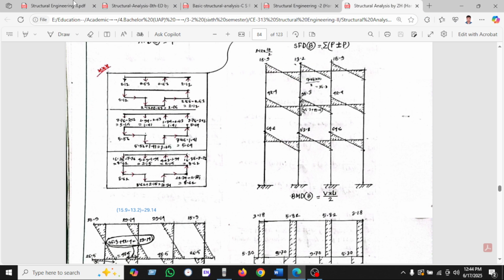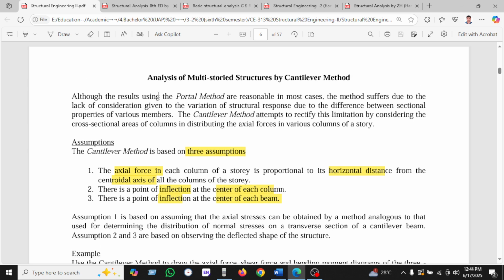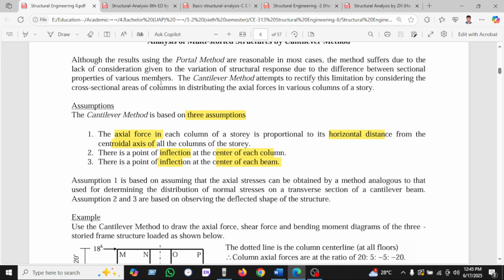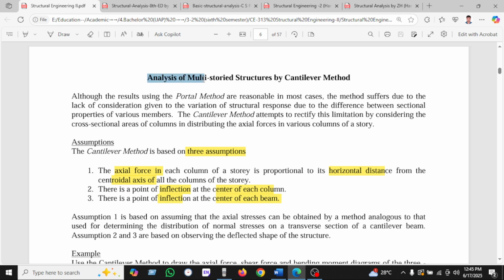Okay, let's start. I have taken this note from Professor Dr. Iftikhar Anam sir, Professor, University of Asia Pacific, Dhaka, Bangladesh. So let's see the analysis of multi-story structures by cantilever method.